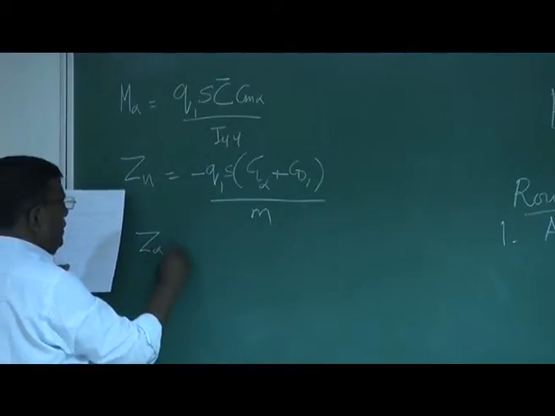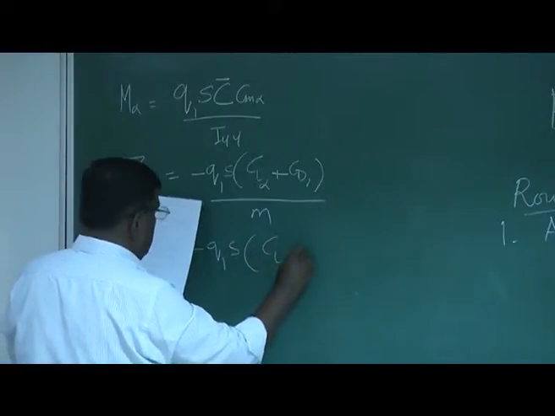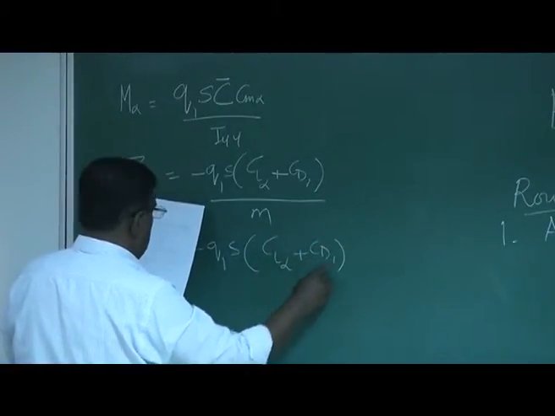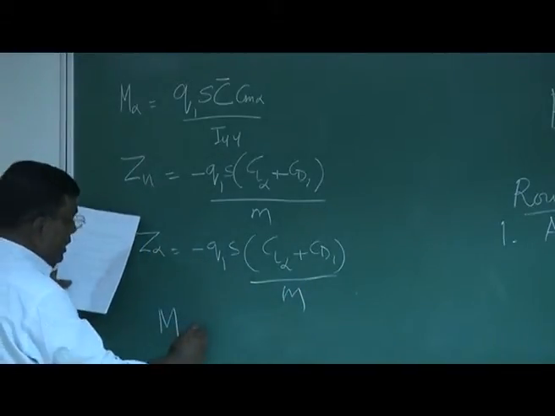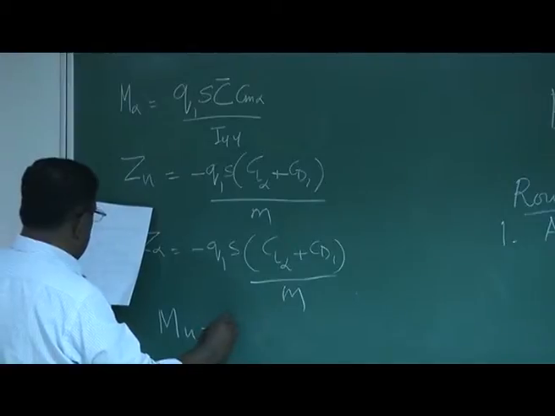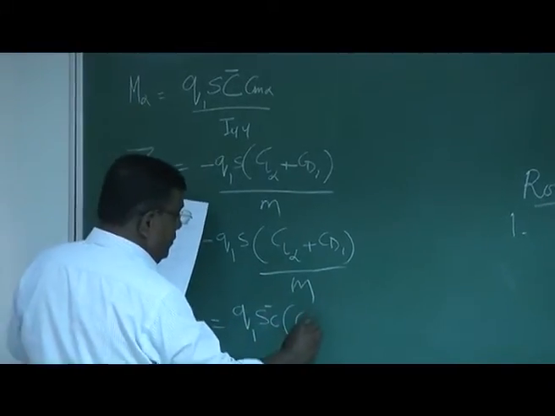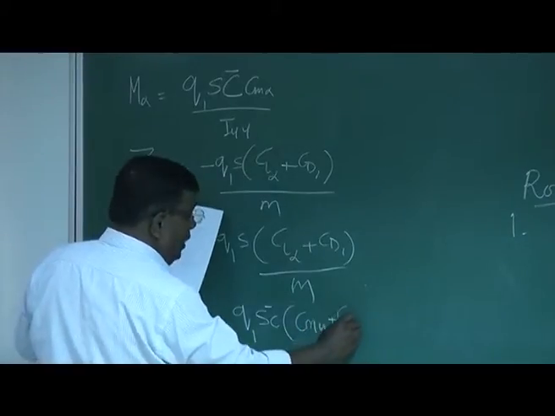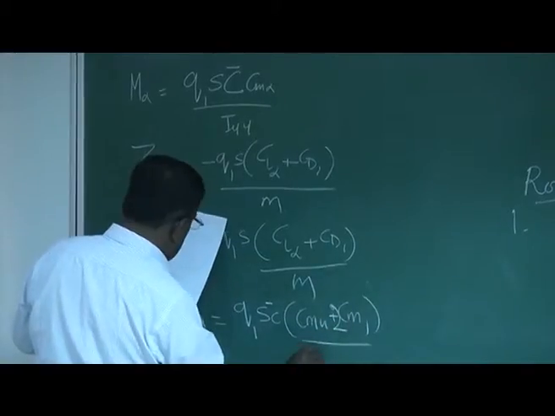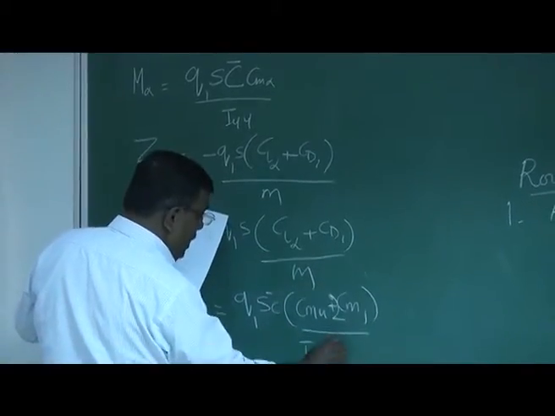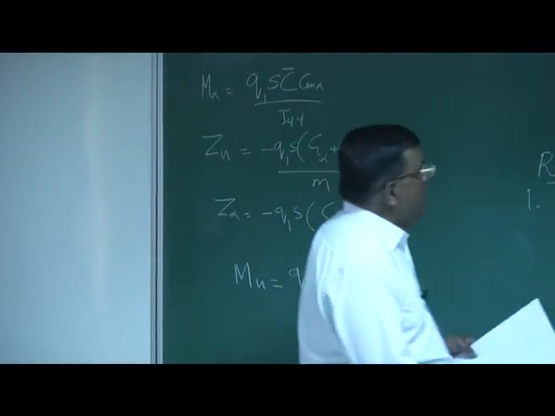Z alpha is minus Q1 S Cl alpha plus Cd1 by m. And what is mu? Mu was derived to be Q1 S C bar Cmu plus 2 Cm1 by Iyy u1. Right? So what is the condition?